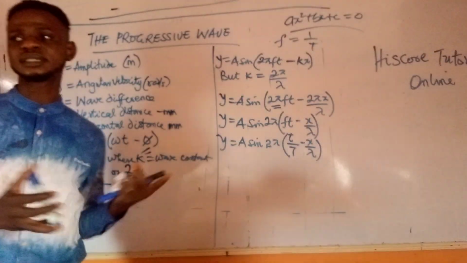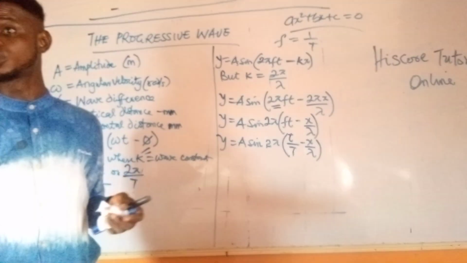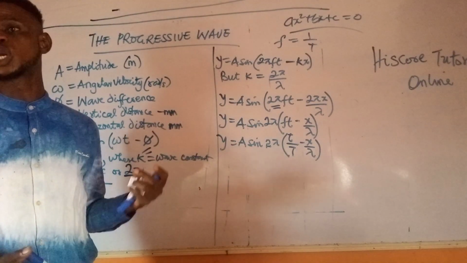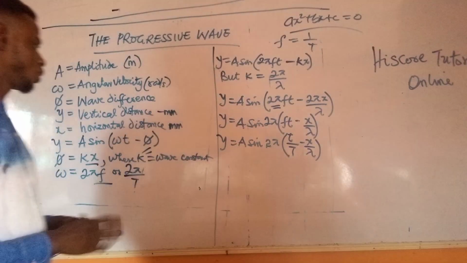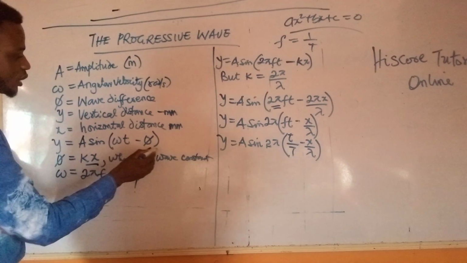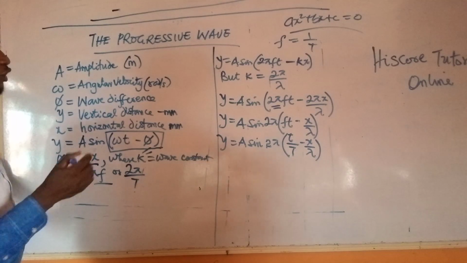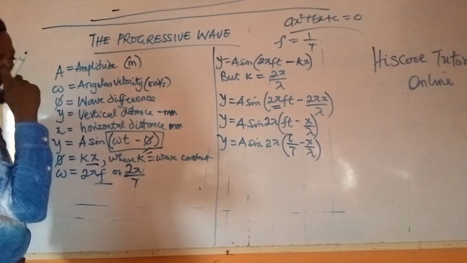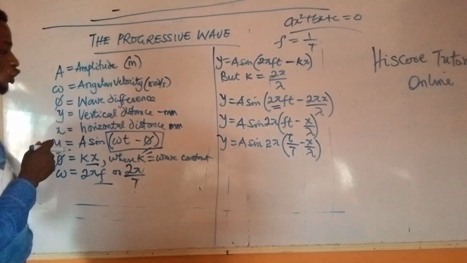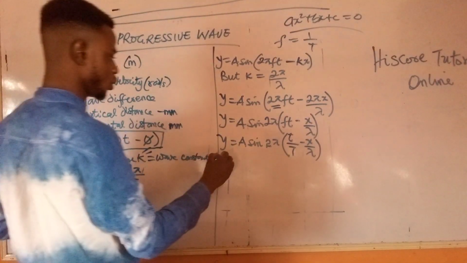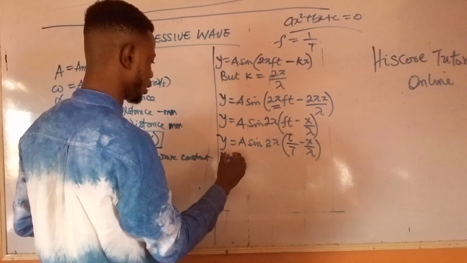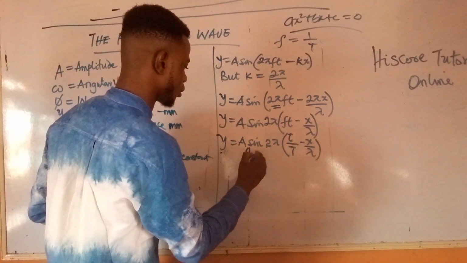Now, because the formulas are many, I will give you a clue on how you can always remember. Just try and know this. When you know this, then try and know what each of the elements represents.